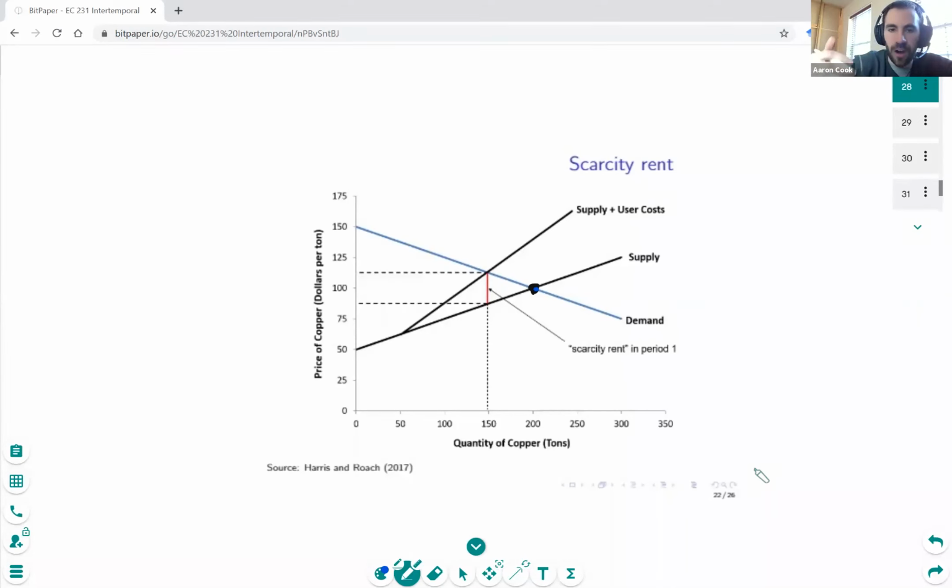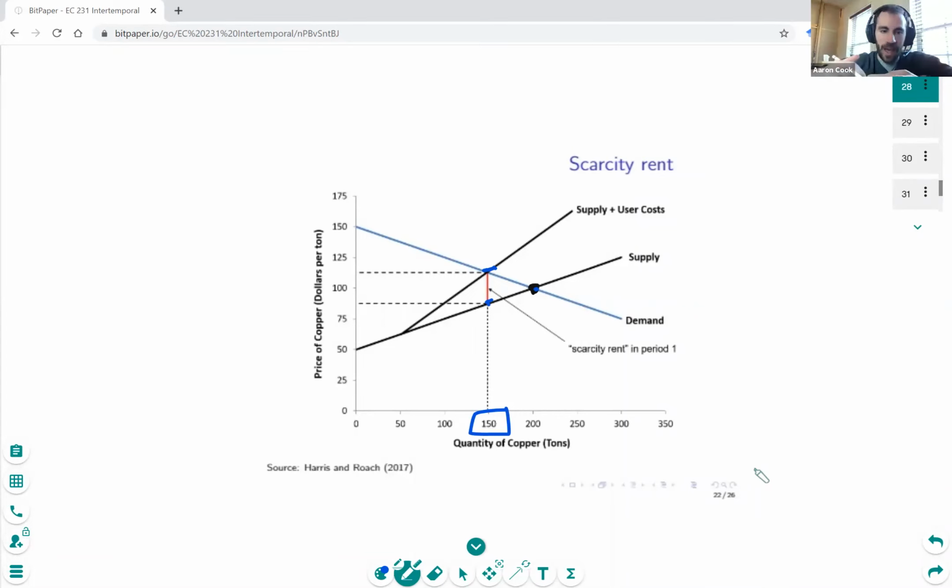You'd be able to charge a markup because at 150 units, marginal cost is only, in this case, 87.5. And at 150 units, people are willing to pay 112.5.